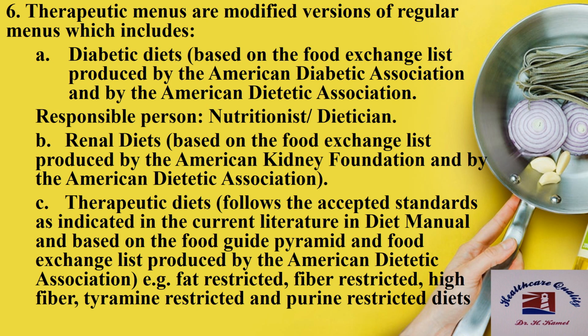Number six, therapeutic menus are modified versions of regular menus which include A. Diabetic diets based on the food exchange list produced by the American Diabetic Association and by the American Dietetic Association.